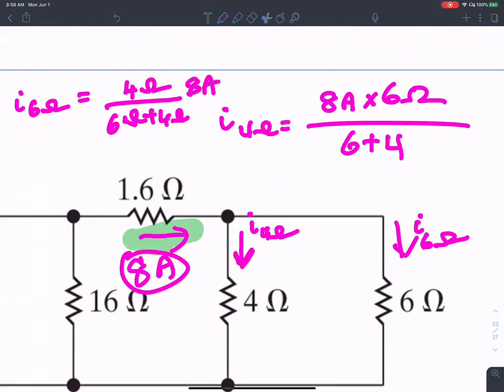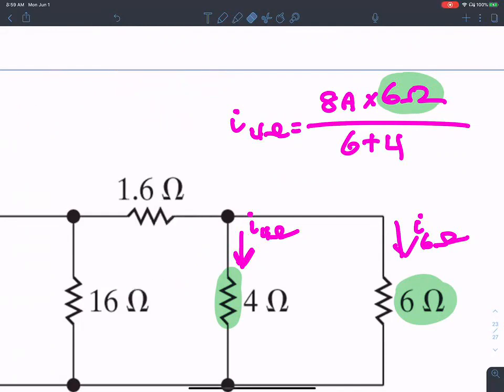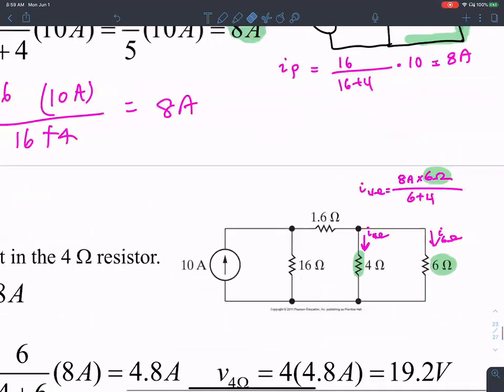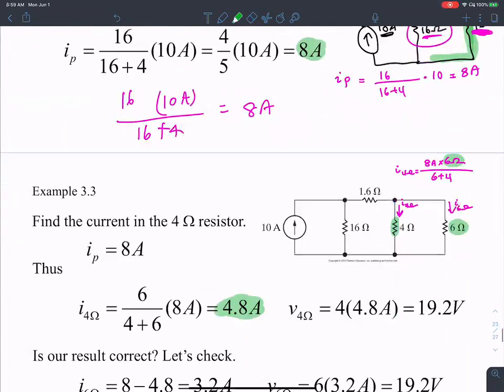If I have to find the current through one resistance, use the opposite resistance times these 8 amperes over the sum of those two resistances. So 48 by 10, 4.8 amperes, is going through the 4 ohm resistance. Sure enough, I have 4.8 amperes flowing through it.